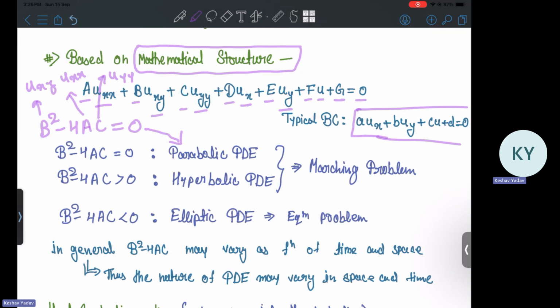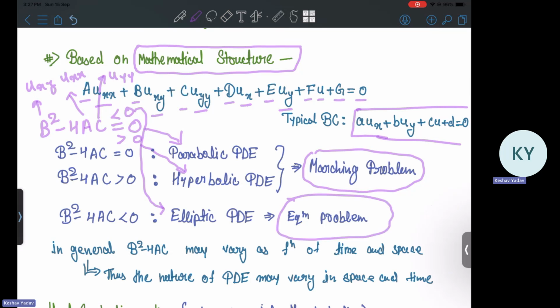If this comes greater than 0, then it is called a hyperbolic partial differential equation. These kinds of PDEs are usually observed in marching type of problems. And if B square minus 4AC comes less than 0, then it is an elliptic partial differential equation. This type of PDE is generally seen in equilibrium type of problems.